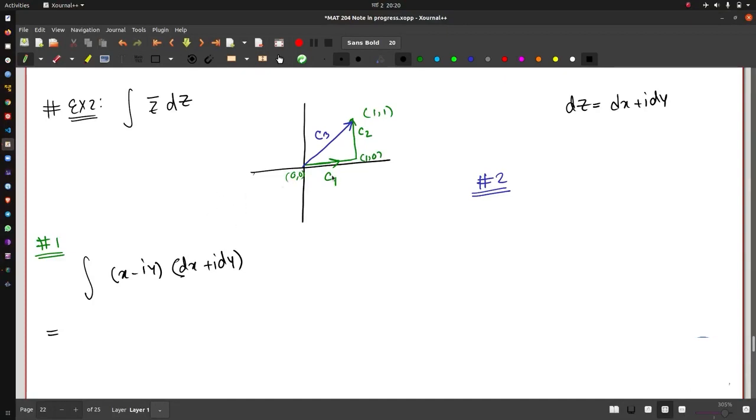If you have some contour, let's say like this, from here to here. This is our starting point, and this is the ending point.